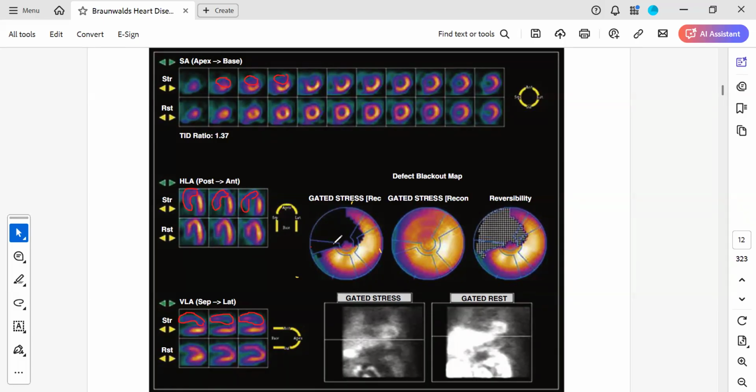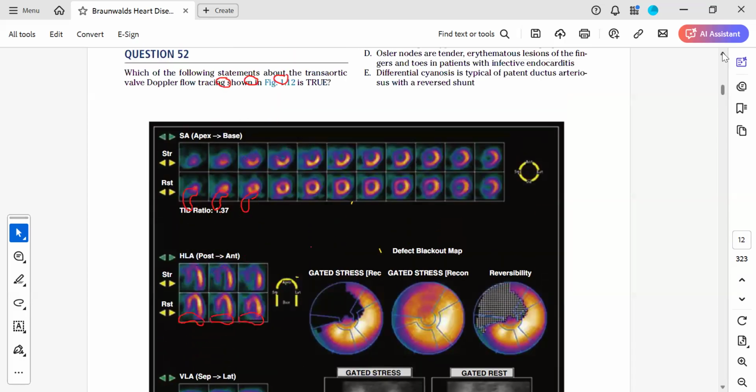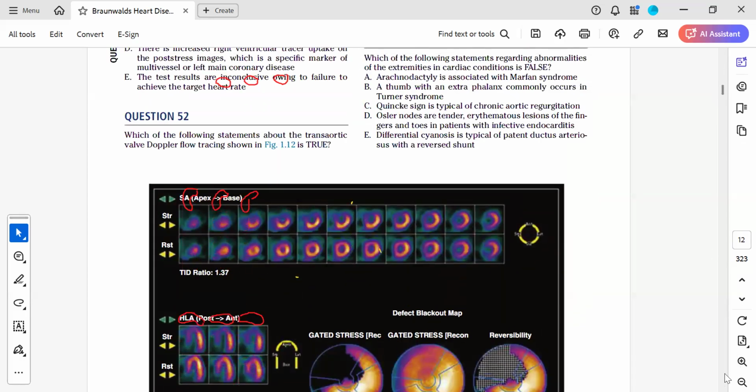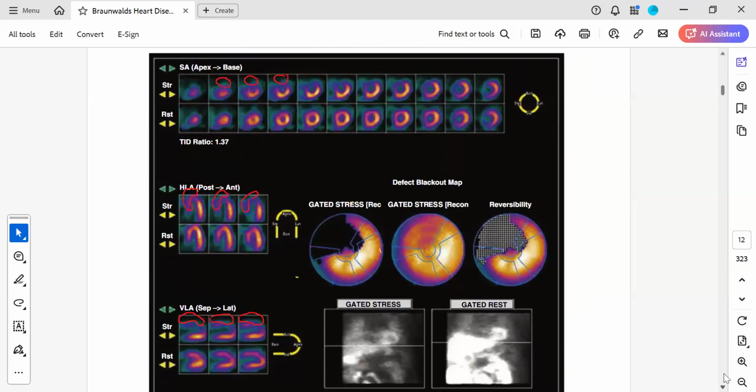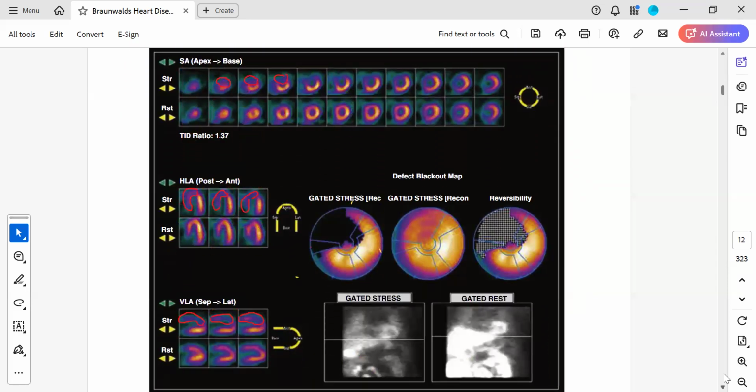Okay, let me just say one or two things about interpreting myocardial perfusion scans.